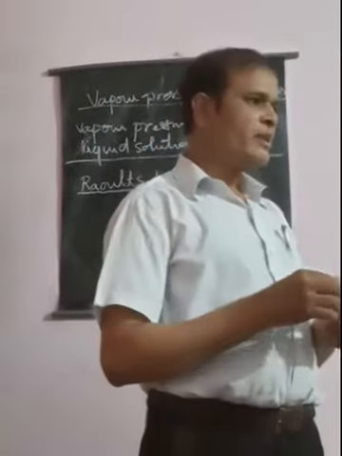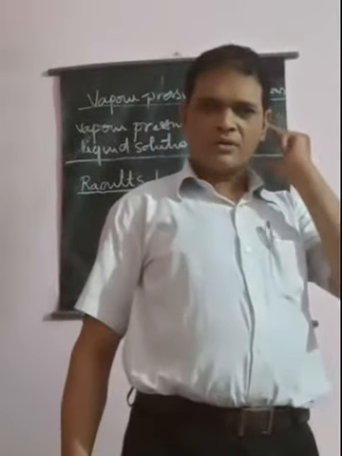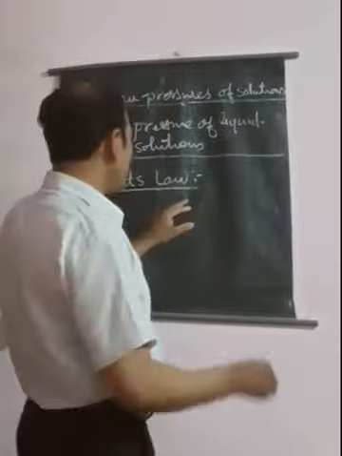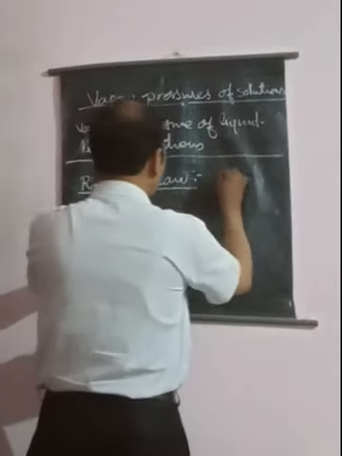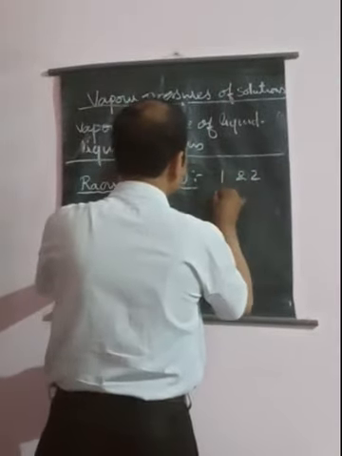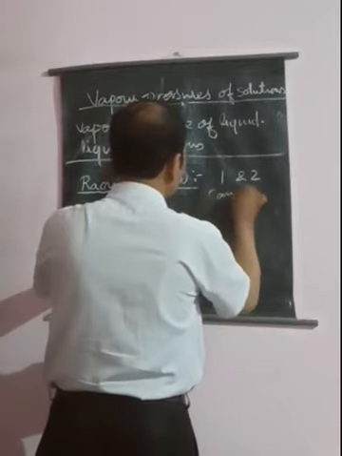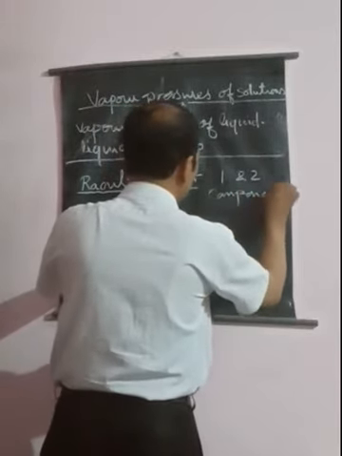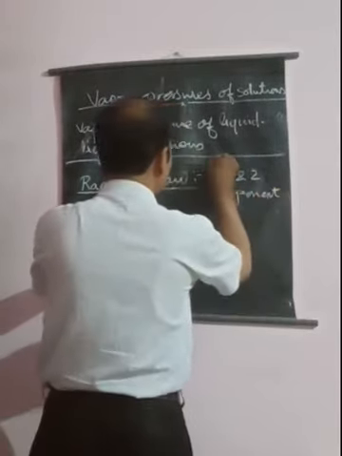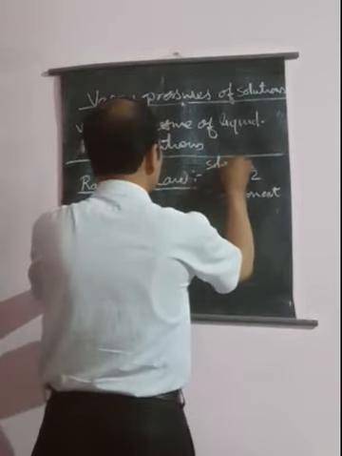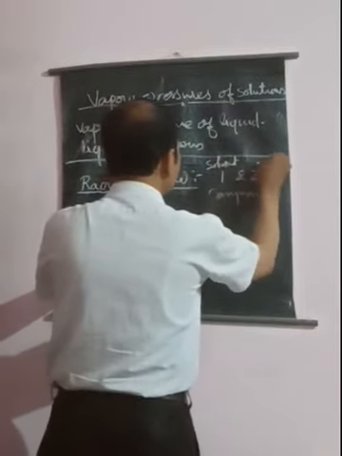So one can write here, for this type of solution which is made by two components 1 and 2, component 1 and component 2. So this component is suppose solvent and this component is solute.